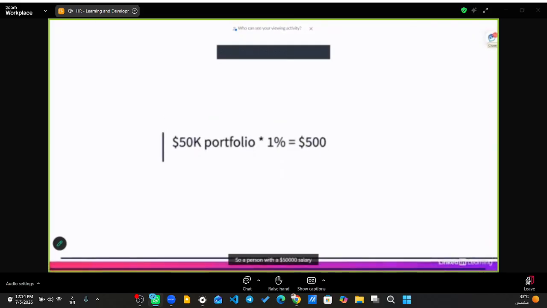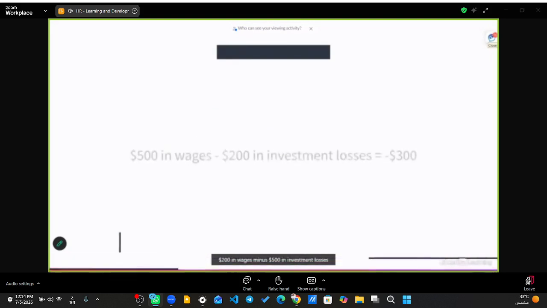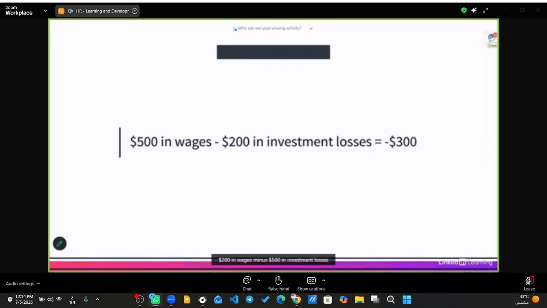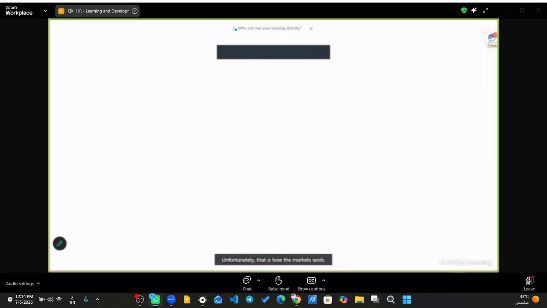So a person with a $50,000 salary and a $50,000 stock portfolio would lose $500 on a day when the market falls 1%. That is, that $50,000 times your 1% loss in the market is $500 down. So you work all day and you're still down $300 at the end of the day. $200 in wages minus $500 in investment losses means you're out $300 at the end of the day.